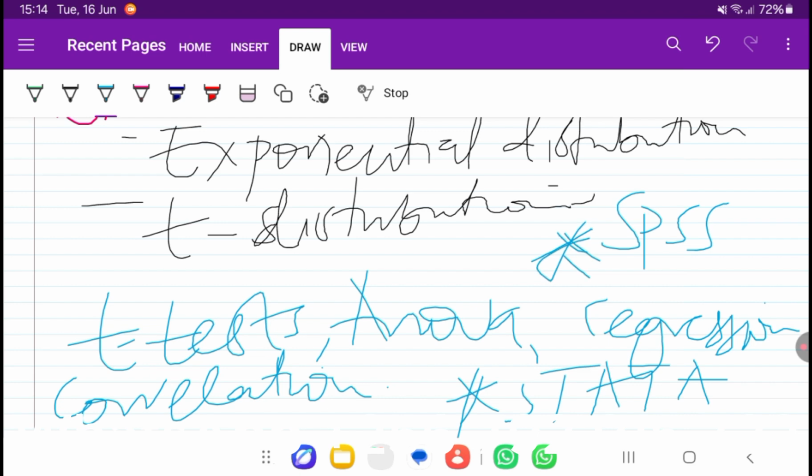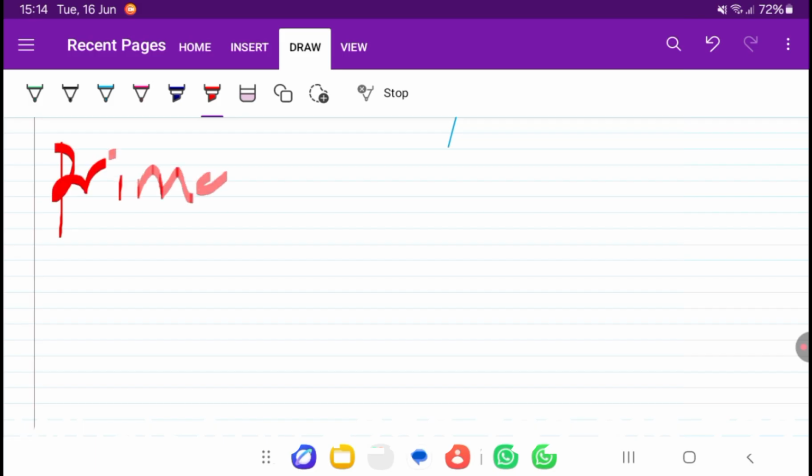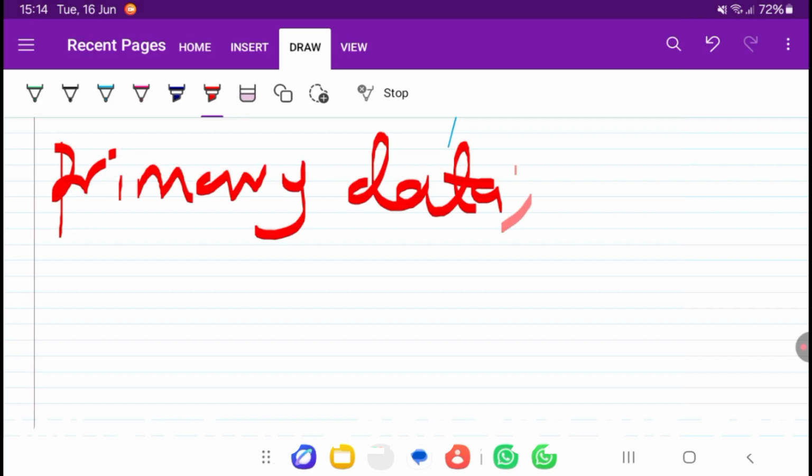So let's now look at the other category, which relates to primary and secondary data. So what is primary data?